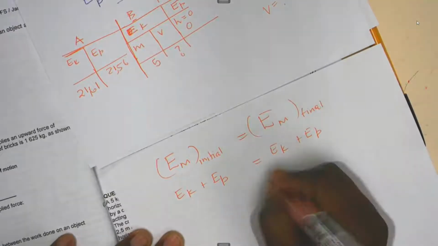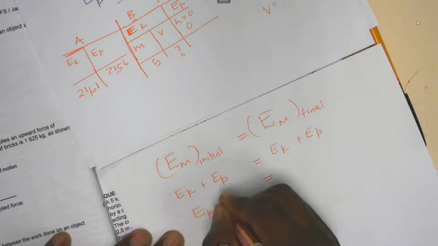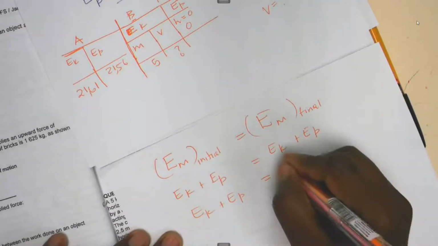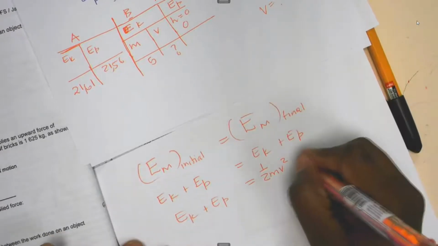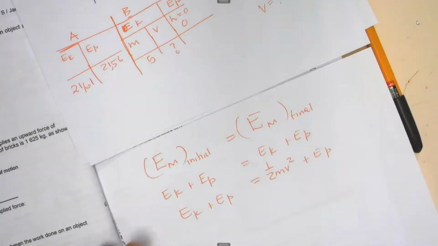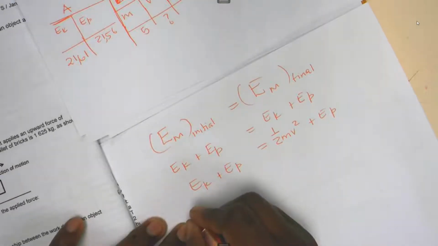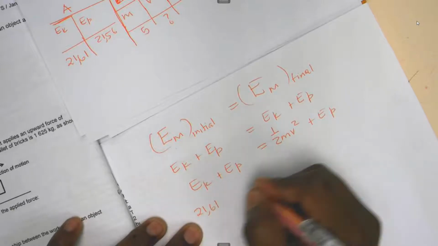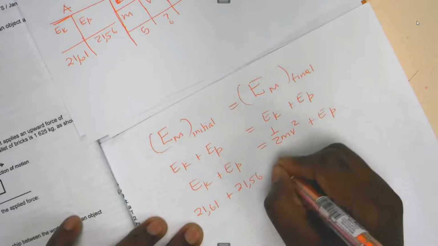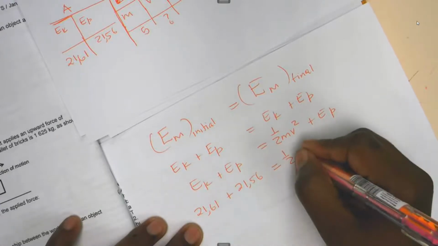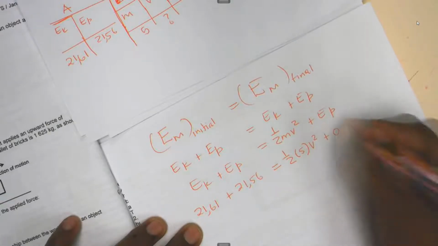Now this one we've got, so I'm just going to retain this side of the formula as it is, and we want to calculate this side, the velocity. So there's no need to break down everything, just keep it as it is. The EK is 21.61 plus EP is 21.56 equals half times 5 v squared plus 0.